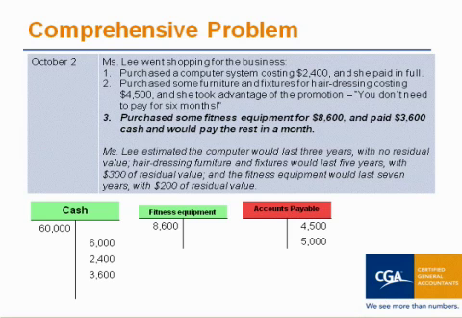And finally, the fitness equipment is estimated to last 7 years and have a $200 residual value. So Ms. Lee paid $8,600 or bought $8,600 worth of fitness equipment, and if we subtract out the $200 of residual value, that means over 7 years we have to recognize the using up of the fitness equipment of $8,400 and leave $200 left in the account, which is her estimate for what it's worth at the end of the 7 years.